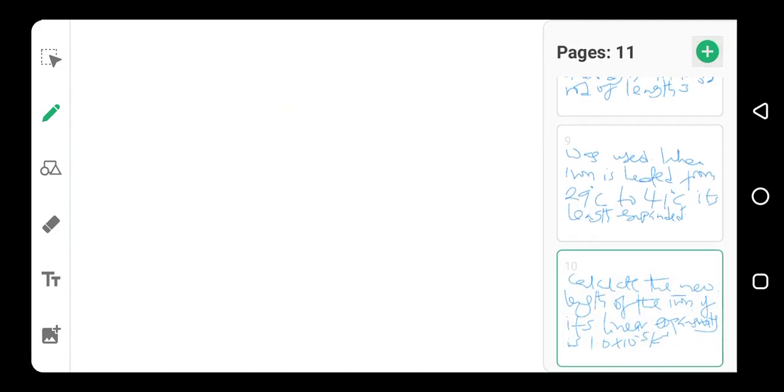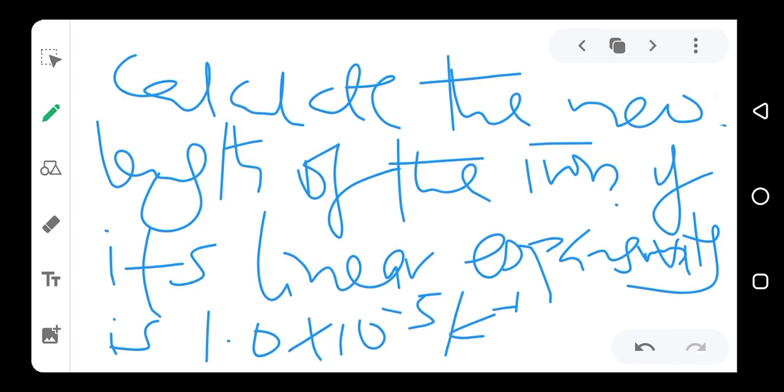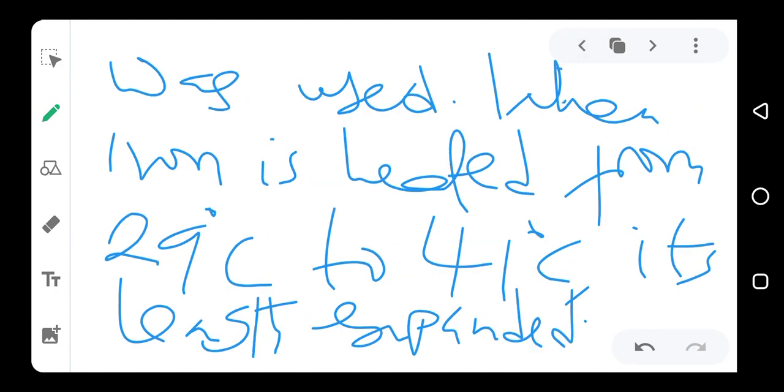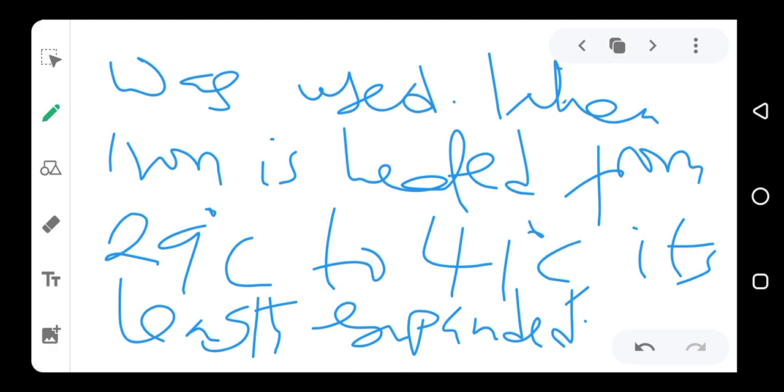Now, for us to solve it, we bring out our parameters. The parameters given to us: the initial length of the iron rod is equal to 3 meters. When the iron is heated from 29, this 29 is the initial temperature, to a final temperature of 41.